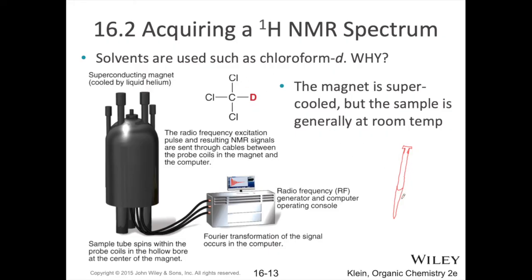So you have your sample dissolved in your solvent here, and now when you inject this into your magnet, you need this sample to spin. That helps get rid of the unevenness of the molecules randomly dispersed through your solvent. It helps average out all of the signals that your detector is going to see. So what we do is we have this NMR tube sitting in a plastic collar that has little magnets on it. It looks like this.